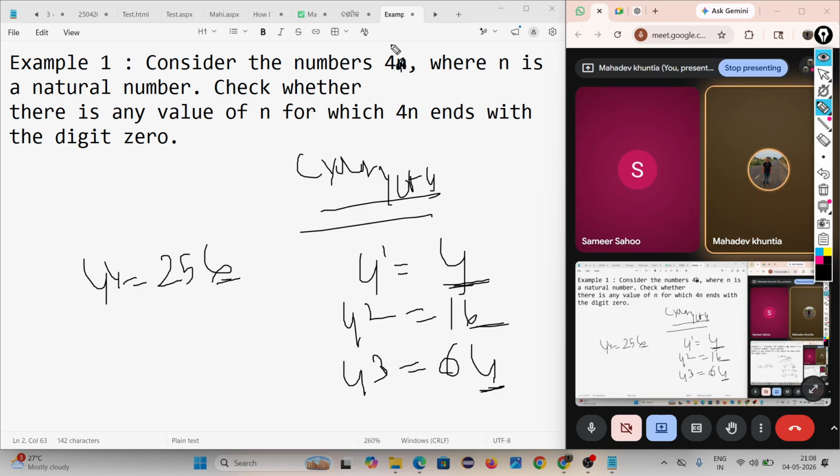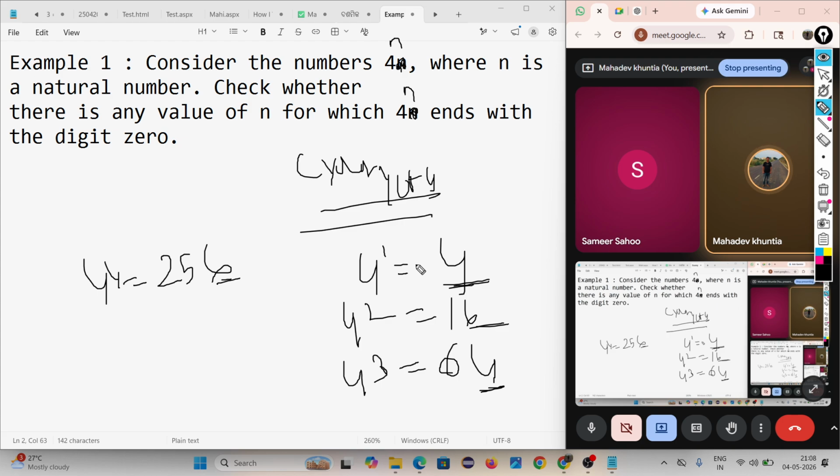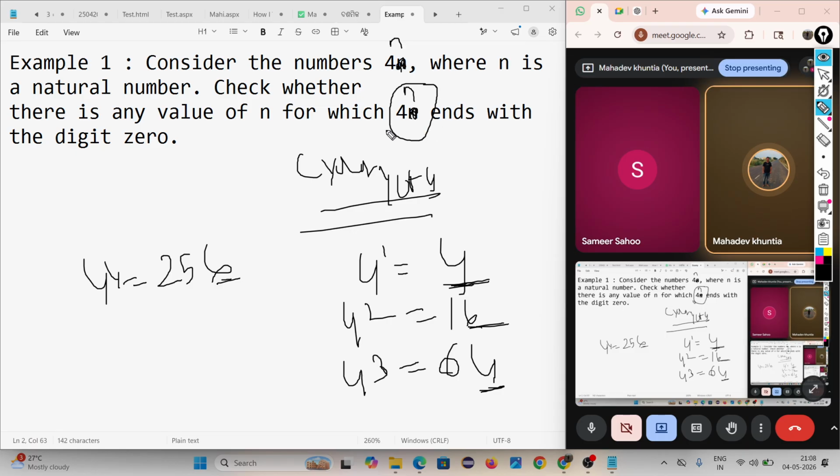Your question is asking about 4 raised to the power n. Are there any values of n for which it ends with 0? Because the cyclicity is once 4, then 6, how is it possible for 4 raised to the power n to end with 0? Is it possible?